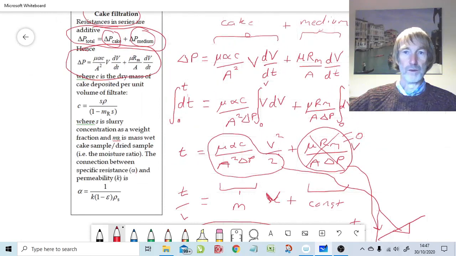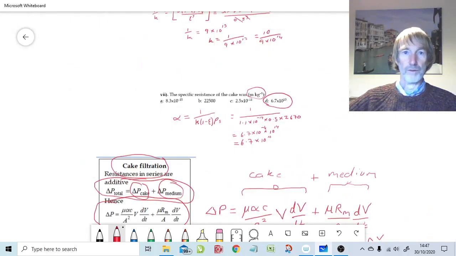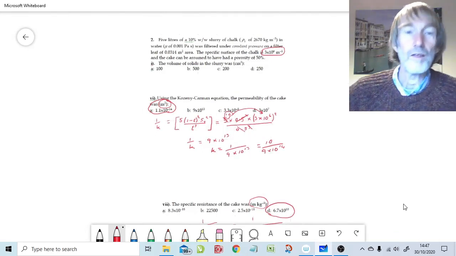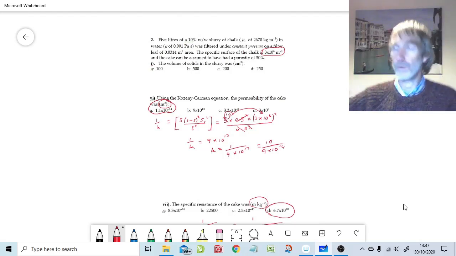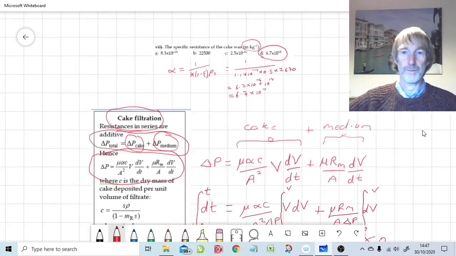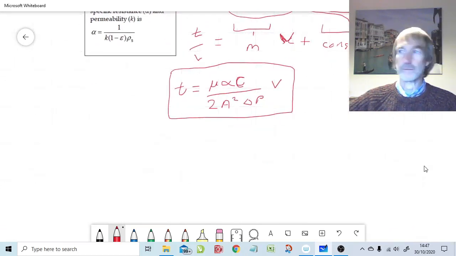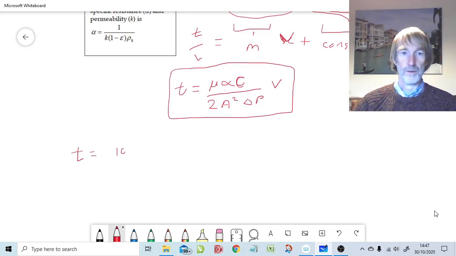First thing we need to do is to obtain what the viscosity is, and that was, it's water, 10 to the minus 3, and the area is 0.0314. So if we come back down here, putting the values in, the filtration time is going to be equal to 10 to the minus 3 for the viscosity.